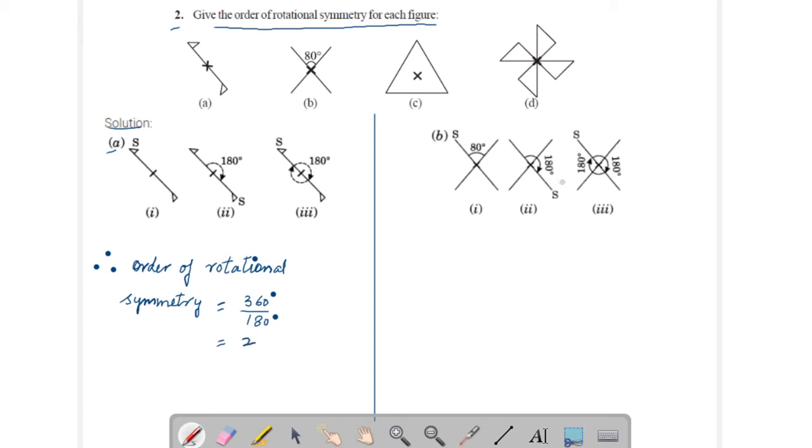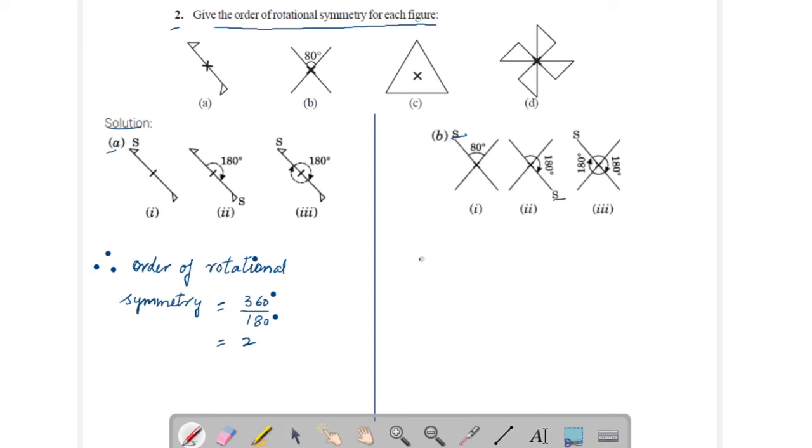Now come to B part. Again take S point here and rotate it at 180 degrees. That is from here to here. The S will come at this point and again rotate 180 degrees. S will come to its original position.